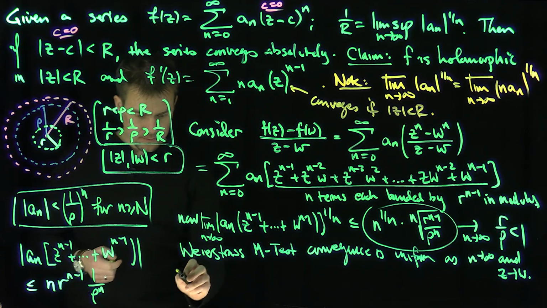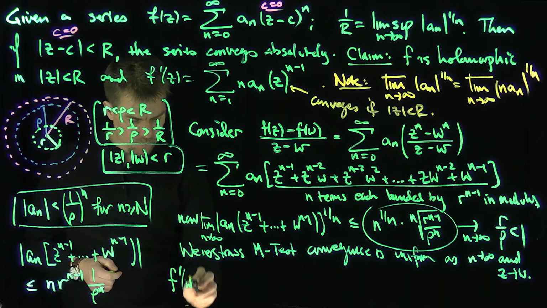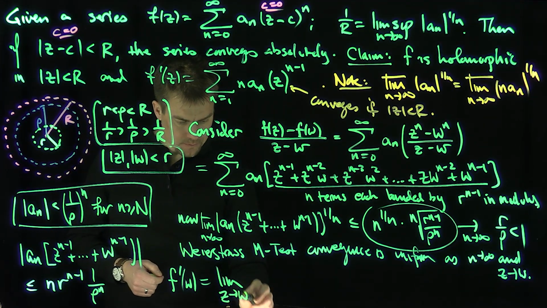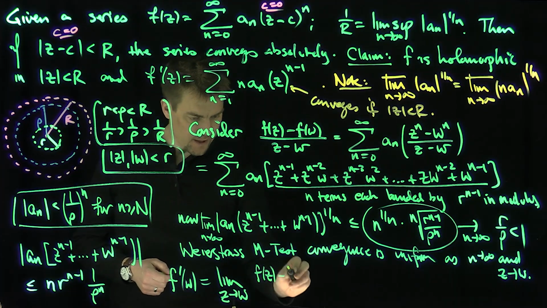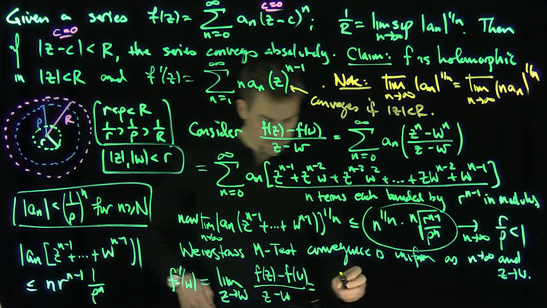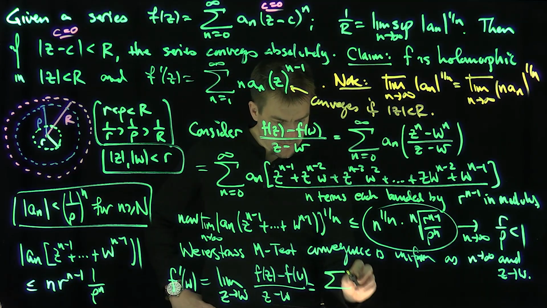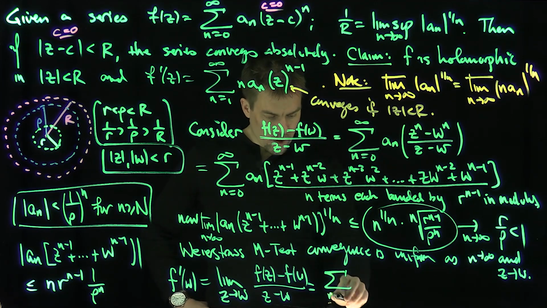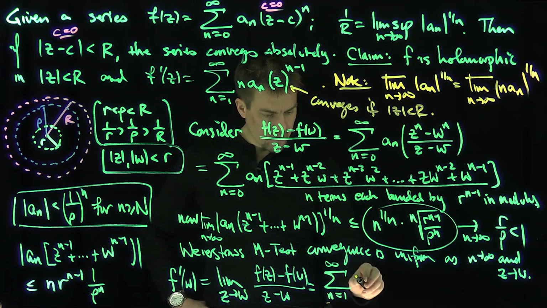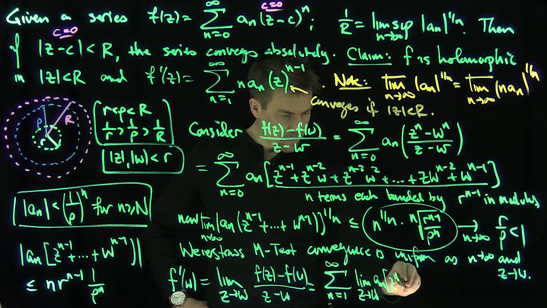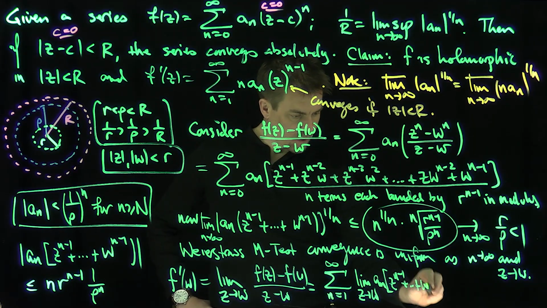So the limit f prime of w, which is the limit as z converges to w of f of z minus f of w over z minus w, is going to be the sum over here. And of course, now when I do this, n goes from 1 to infinity of the limit as z goes to w of a_n times z to the n minus 1 plus w to the n minus 1.